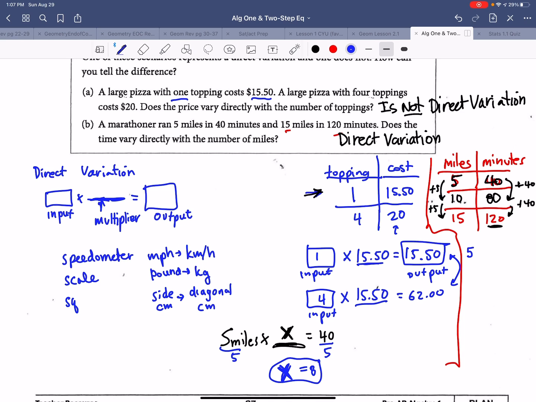Is 5 for an input value times 8 equal to 40? Yes. Is 10 times a multiplier of 8 equal to 80? Yes. Is 15 as an input times 8 equal to 120? Yes, it is. So this one is definitely direct variation because I'm using the same multiplier, 8.